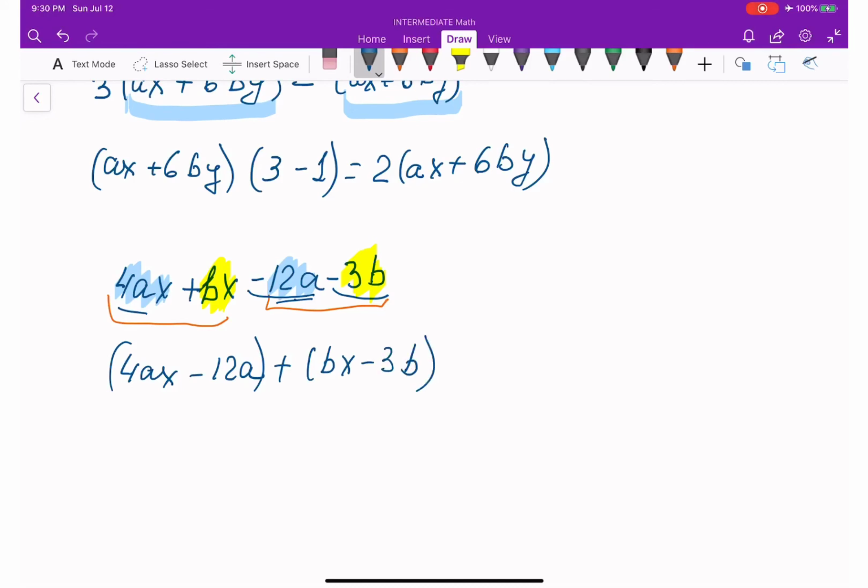Okay, 4ax and the negative 12a, how much can we get out? Between 12 and 4, 4 will get out, and ax and a will get out, right? So we will have x minus 3, right? Plus bx minus 3b. I can take b common factor.